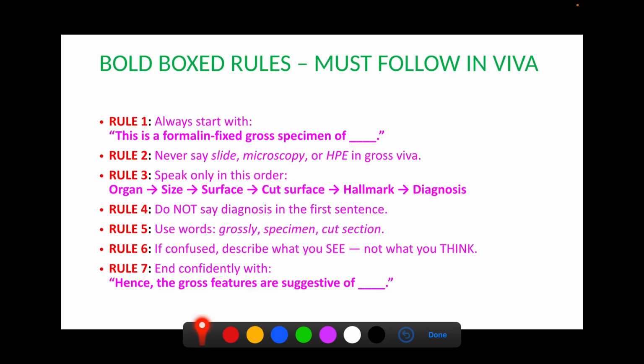Rule number 4, do not say the diagnosis in the first sentence. Rule number 5, use words like grossly, specimen, cut section. Rule number 6, if confused, describe what you see, not what you think. And rule number 7, end confidently with, hence the gross features are suggestive of.